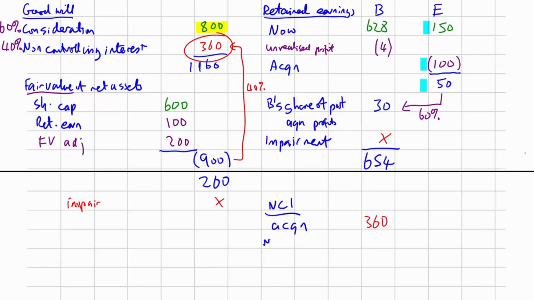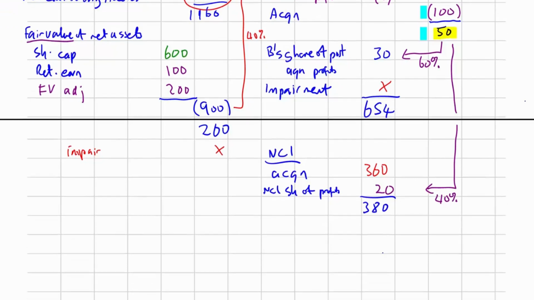So remember, their profits were 50,000. We took 60% of that, and they are entitled to 40% of it. So they can have 20. Their 40% of the 50,000 is 20. So that gives a total non-controlling interest at the reporting date of 380.